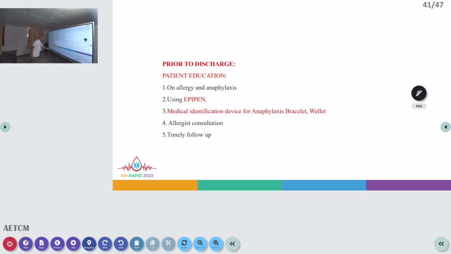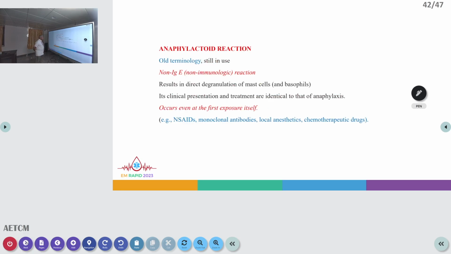They need to be admitted, in the ICU if necessary. Before discharging the patient, educate the patient, including the use of EpiPen, and medical identification devices such as an anaphylaxis bracelet or wallet card. Allergist consultation and further follow-up are necessary.